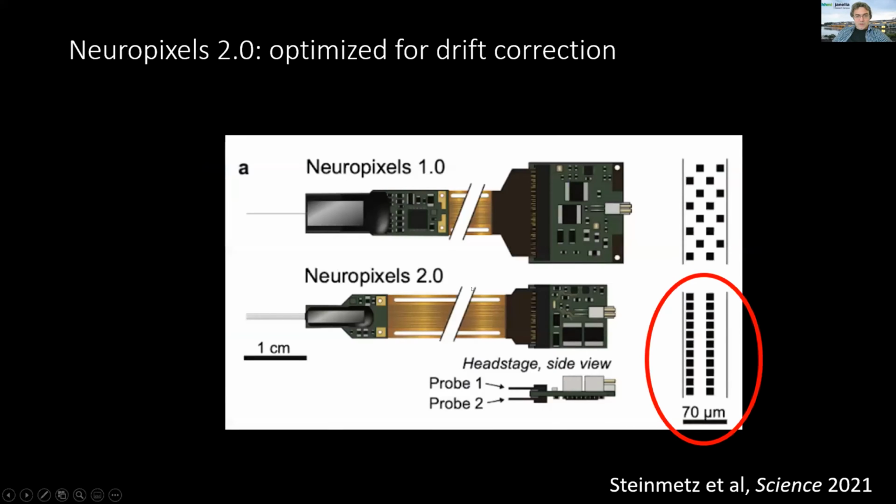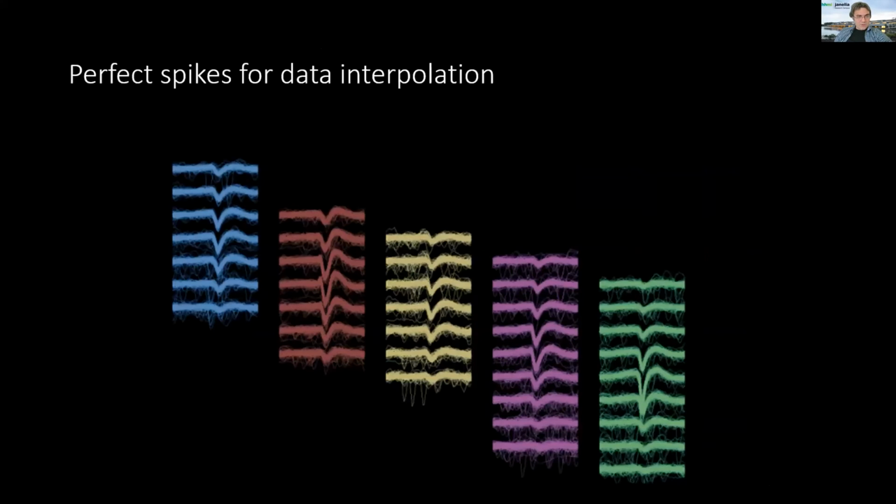The development of NeuroPixels 2 also simplified things a bit for this kind of probe, because now everything was aligned: all the sites, there were just 2 columns instead of 4, basically no sites missing in between. Gone was the checkerboard geometry. These spikes are really good for data interpolation. If you can imagine, as the probe is moving up and down, the spikes are moving up and down.